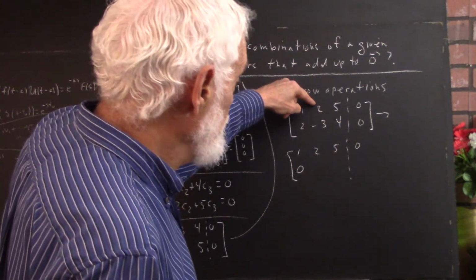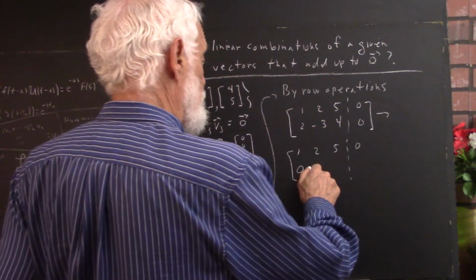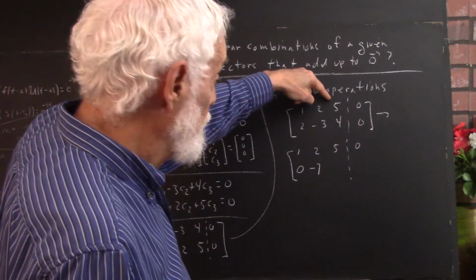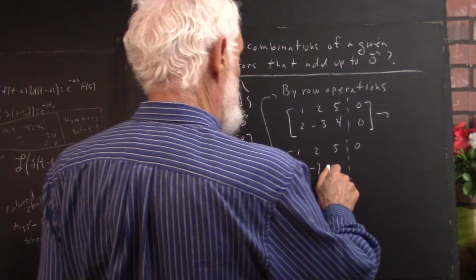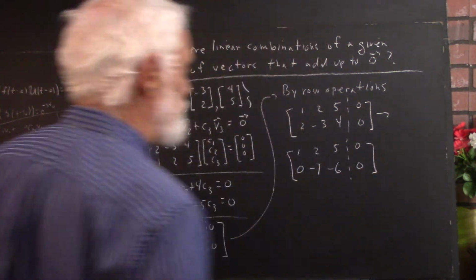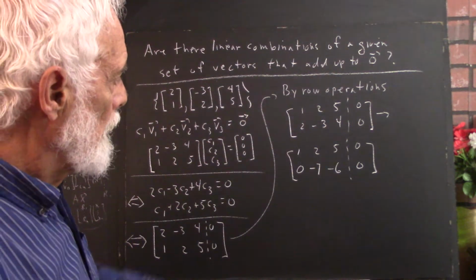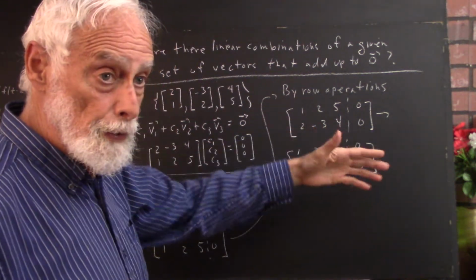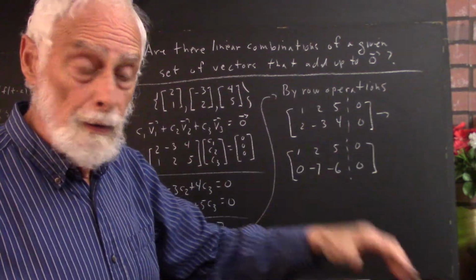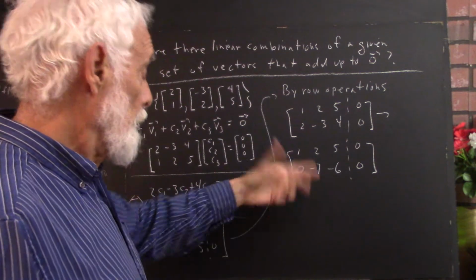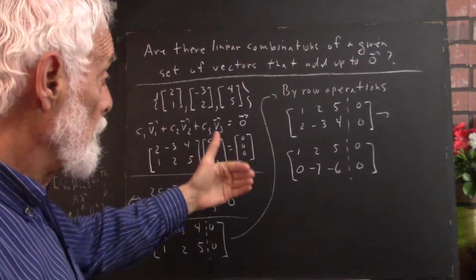Negative 2 times 2 is negative 4. Add that to negative 3, we get negative 7. Negative 2 times 5 is negative 10. Add that to 4, we get negative 6. Now, we could take 1/7 of this row and add to this and so forth. Reduce this all the way down to our canonical form, our Gauss-Jordan form.